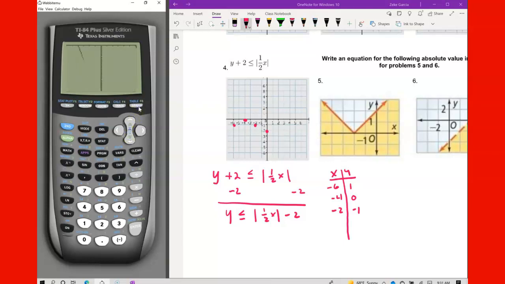I'm going to graph to see what's going on here. Okay, so let me zoom standard. Okay, so I did make a mistake at -6. Yep, that was a problem, -6, 1. So let me go ahead and erase that. -6, 1.